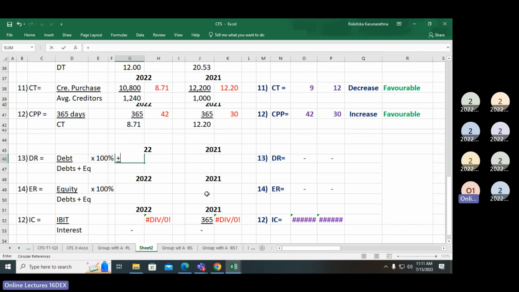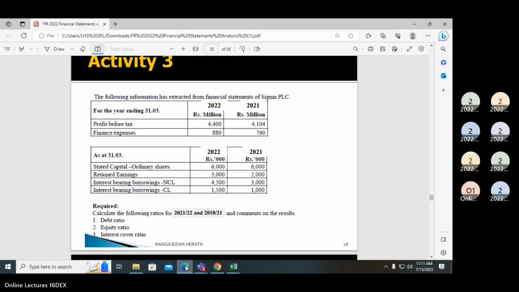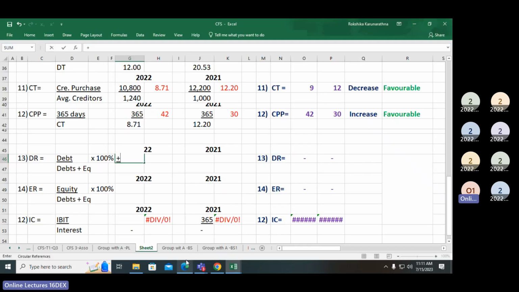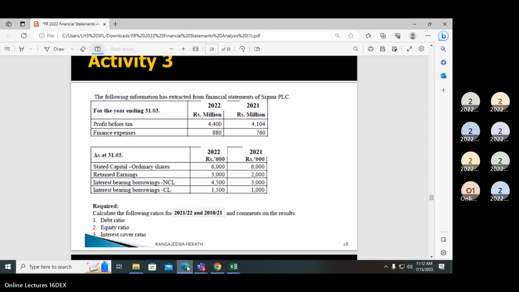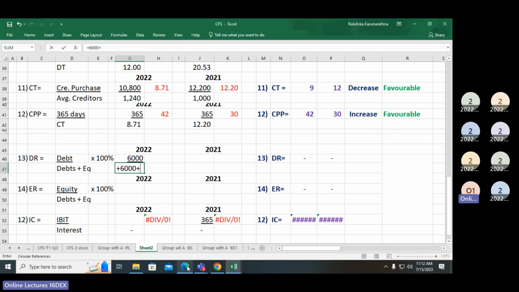So debt ratio, we have the debt. Borrowings are 4,500 plus 1,500, that is 6,000. Equity: we have stated capital and retained earnings, 6 plus 3, 9.